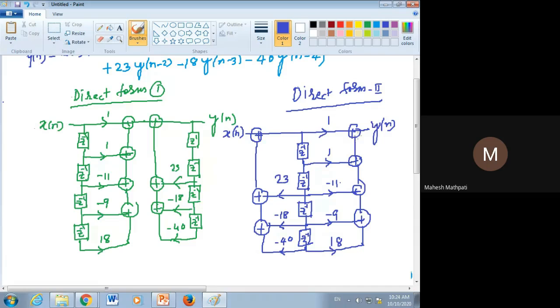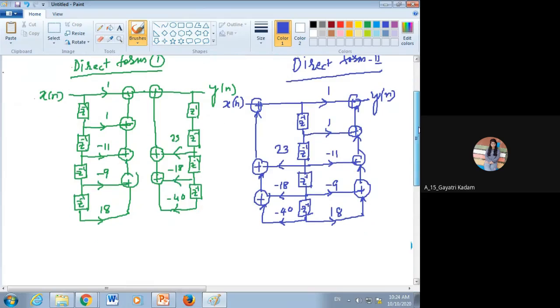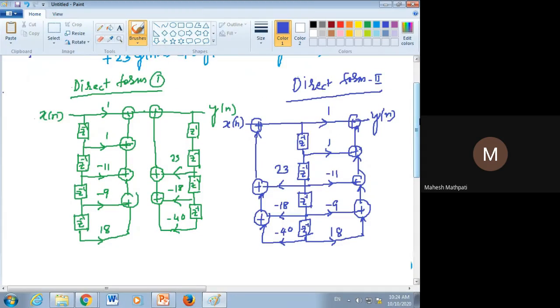So likewise you just do this part. The arrows will come like this here. Fine. Have you understood this? Have you got this diagram? Direct form 2. Yes, sir. Any difficulty in understanding this? No. Okay.